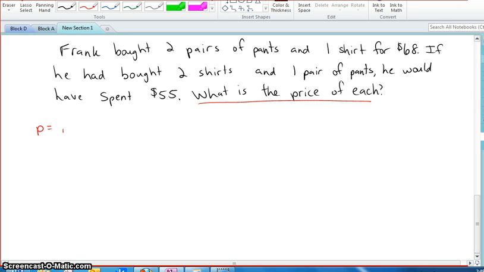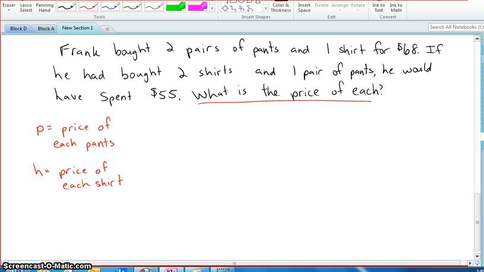So P is going to stand for the price of each pair of pants. I don't like using S's as variables, so I'm going to say H stands for price of each shirt.